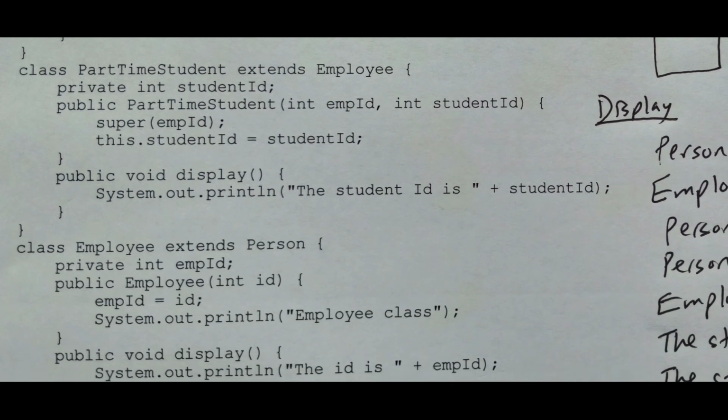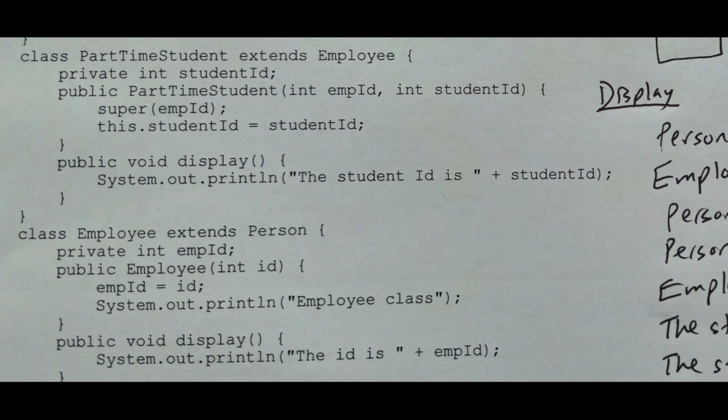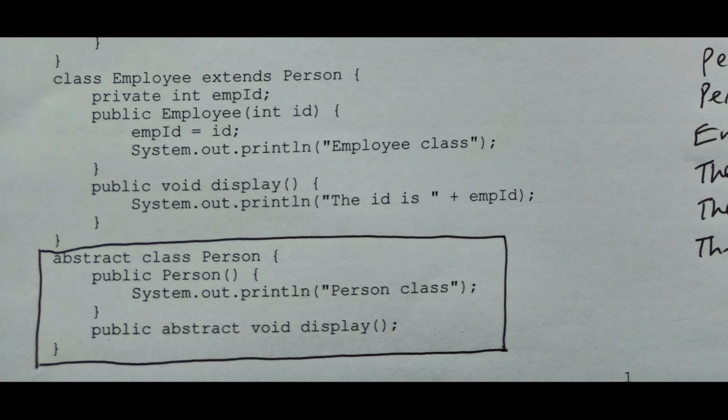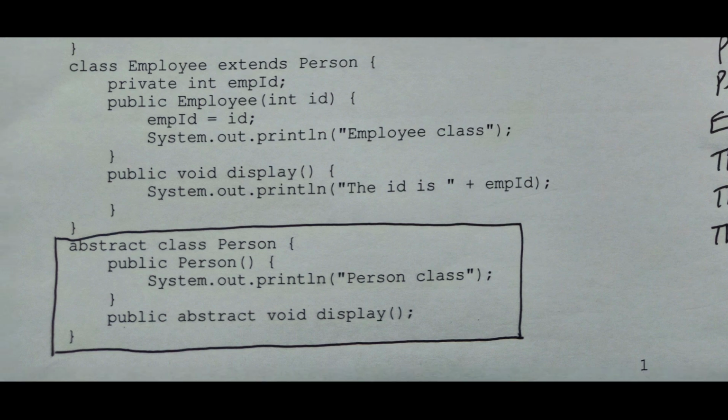The method display in part-time student will print out the string, the student ID is, and concatenate it with the value of student ID. And in employee, we have a different implementation of display, whereby it will print out the string, the ID is, concatenated with the value of employee ID.